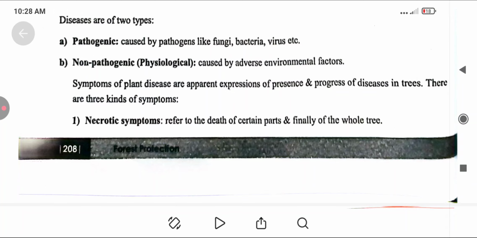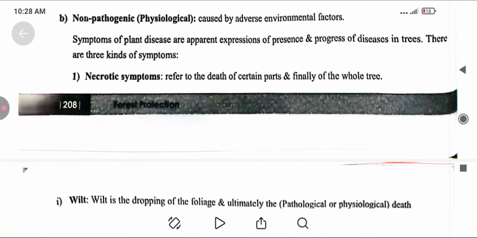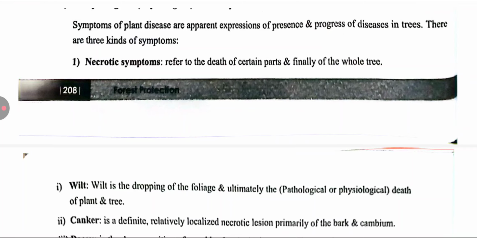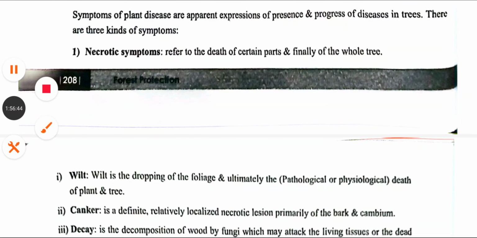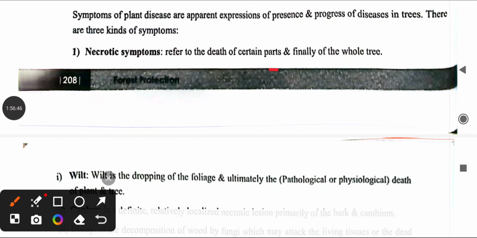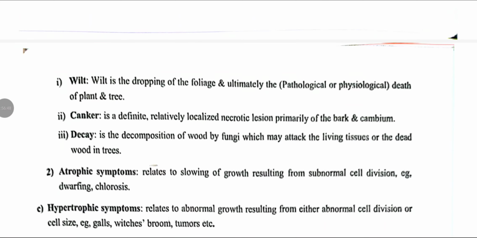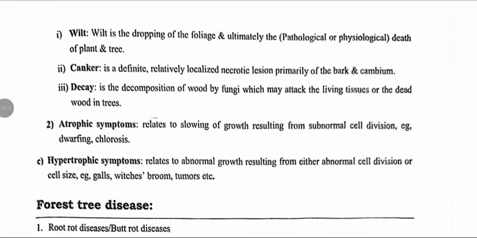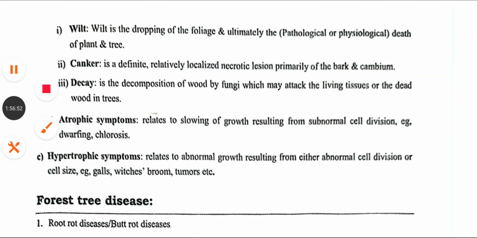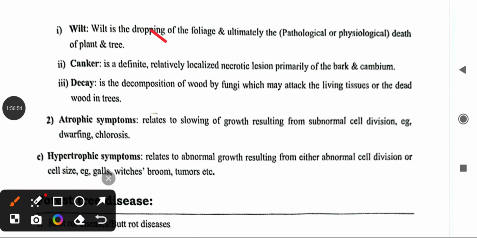Necrotic symptoms refer to the death of certain parts and finally of the whole plant. Wilt is the drooping of the foliage and ultimately the pathological or physiological death of the plant or tree. Canker is a relatively localized necrotic lesion, primarily of the bark and cambium.